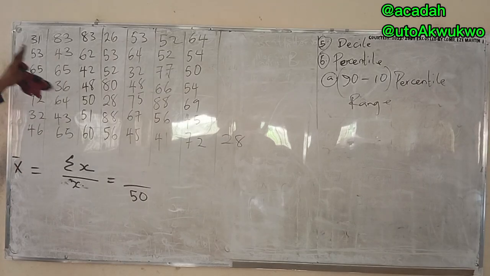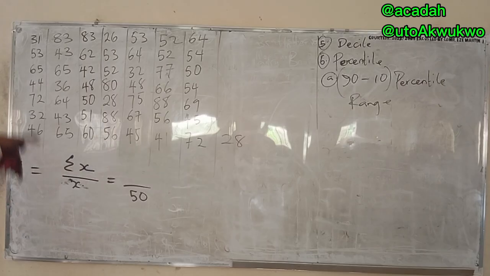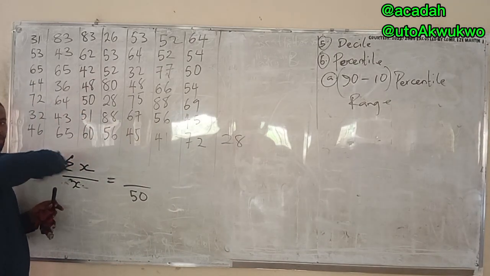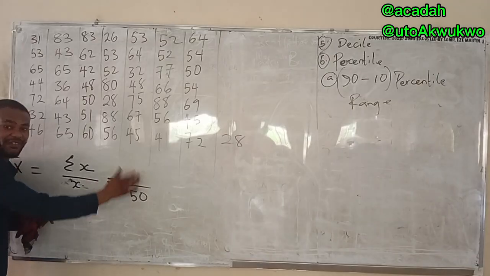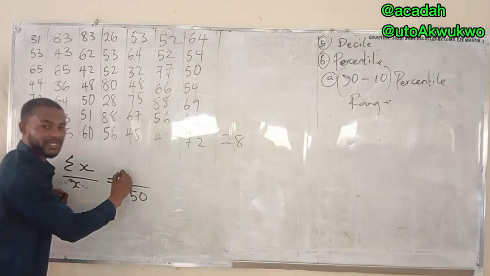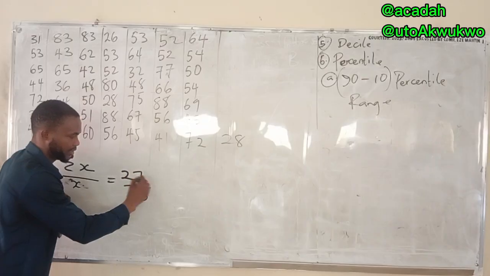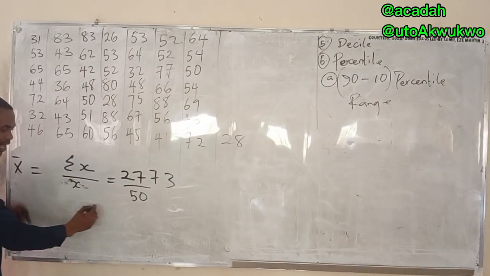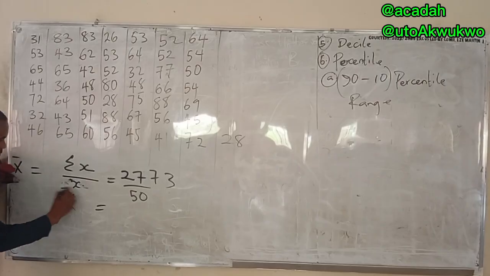So we are summing everything up. When you sum up, what did you get? You already did, divided by 50, should be 2,007 like this, divided by 50.